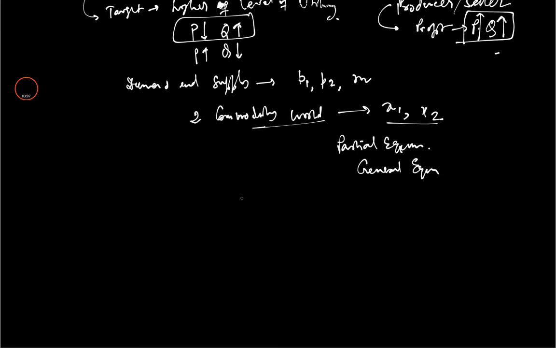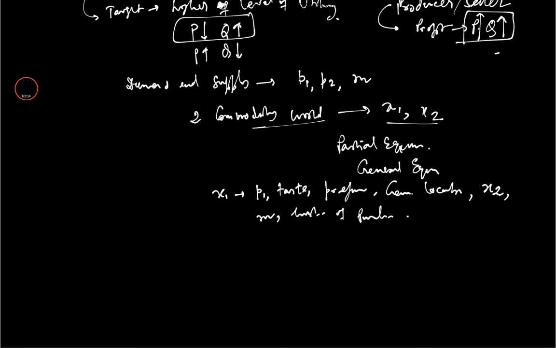There, any product's demand, for example X1, is dependent on its own price, taste, preference ordering, geographical location, availability of other products like X2, income of the individual, history of purchases, size of family, and cultural background.